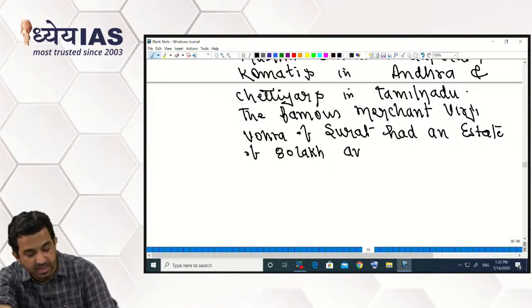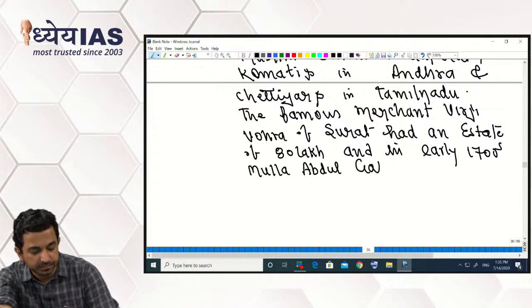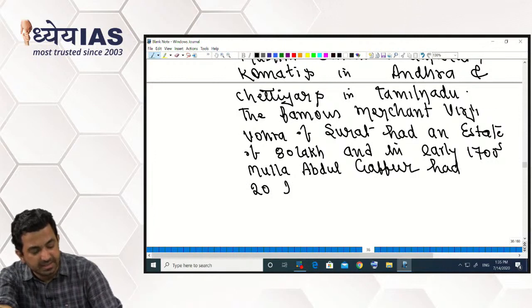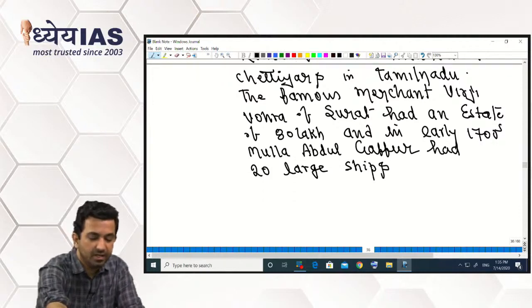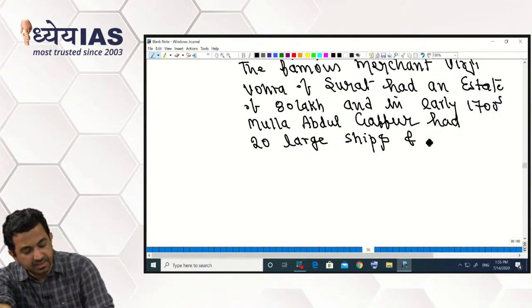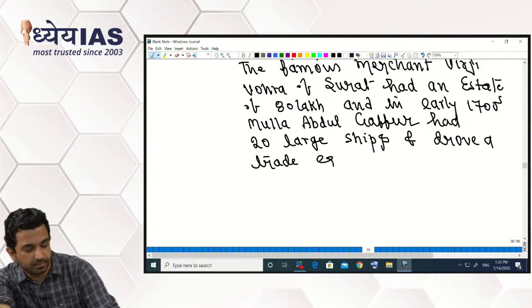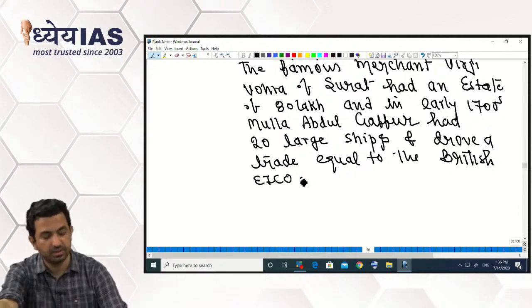And in the early 1700s, another trader named Mullah Abdul Ghaffur had 20 large ships and drove a trade equal to the British East India Company.